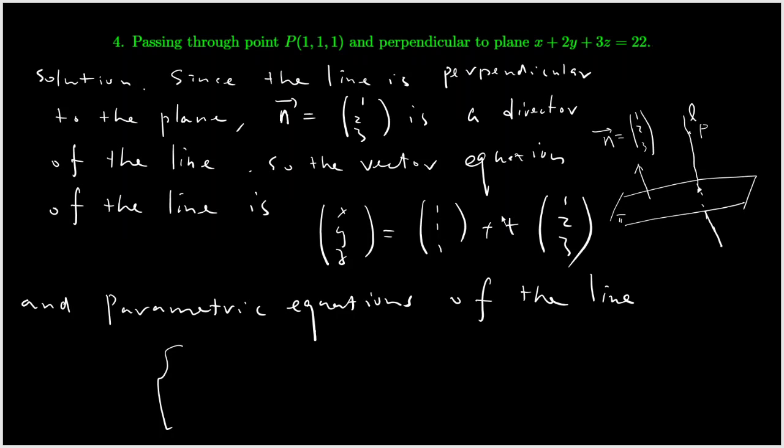Okay. So you have x equals, I think, 1 plus t, and then y equals 1 plus 2t. It's very nice numbers. Z equals 1 plus 3t, right? Say something like where t is a parameter.